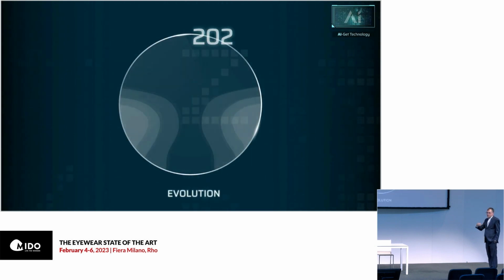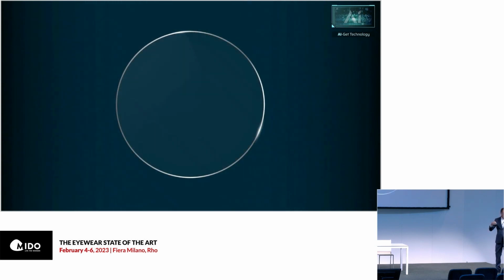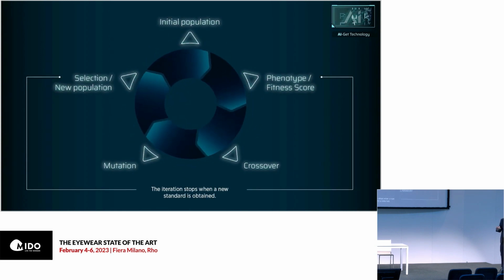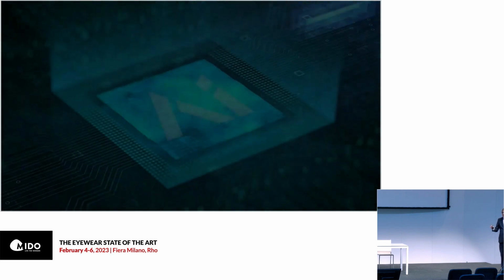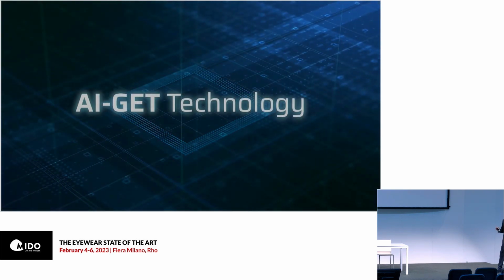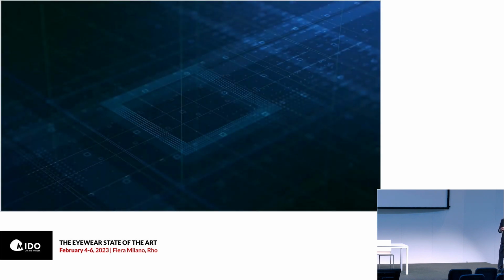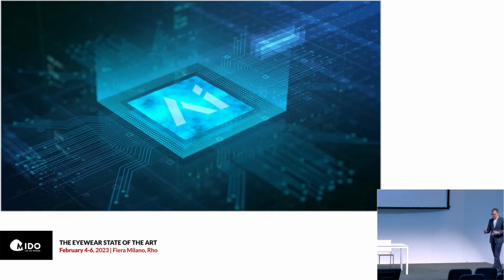So we kill it. If we do that for many, many generations, at the end the final individual is optimized following the fitness score that we define. That, at the end, is the criterion we use to say if the lens is good or not.